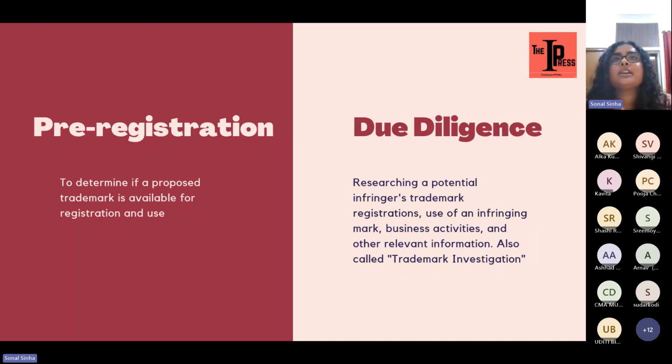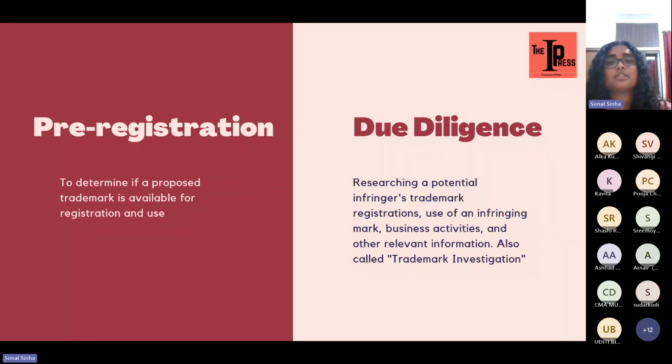So that is what trademark search is. It's done pre-registration. There are some searches that are done after some time. For example, you have a client that's been with you for a while and you have registered the trademark. They come to know about somebody who's using the same or a similar mark.